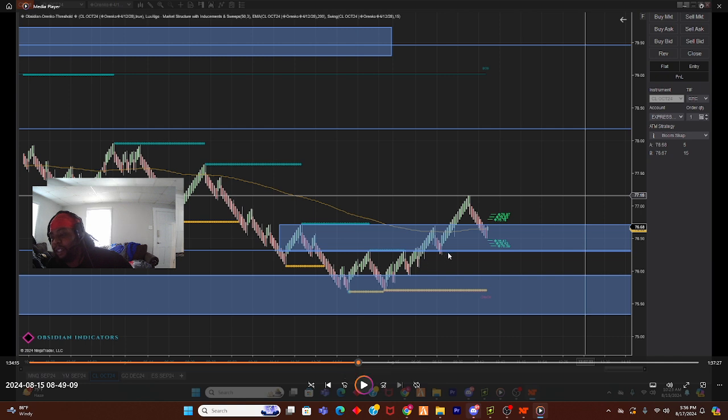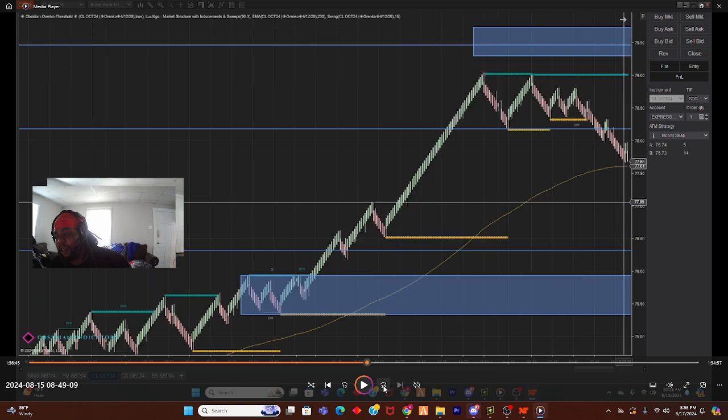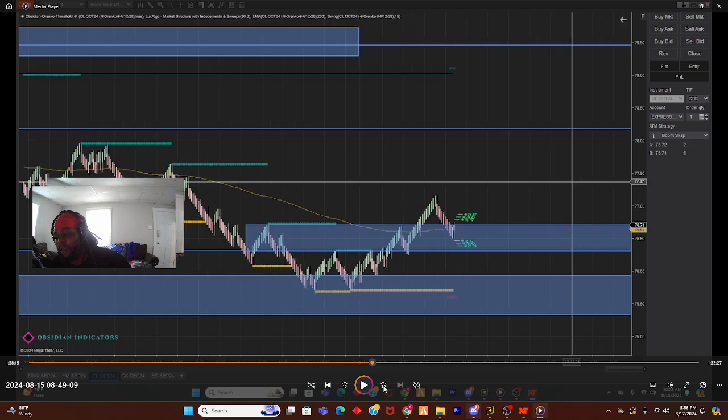So it's supposed to come to this line, but remember it already retested this line on a lower time frame, so that line's technically not valid anymore. Hence the reason why I say expect one off of this. Because look, bouncing off of here. Waiting for the rejection.